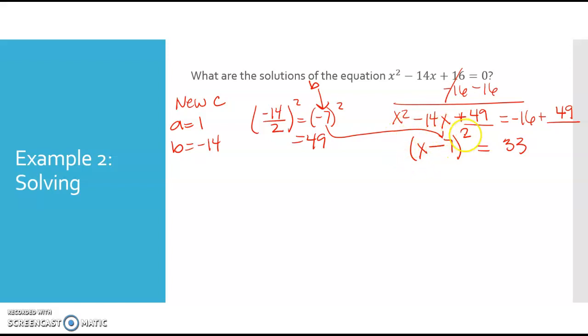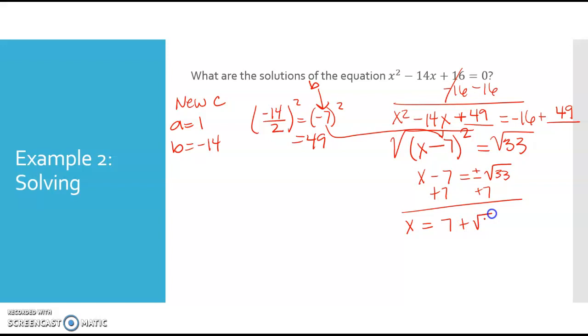How do I get the square away? I'm going to square root, right? So now I have x minus 7 equals plus or minus the square root of 33. For now, I am going to just keep this as plus or minus the square root of 33, just because I don't want that long decimal. And then how do I get the negative 7 away from the x? I add 7 to both sides. So right now I'm looking at x equals 7 plus the square root of 33, comma 7 minus the square root of 33.